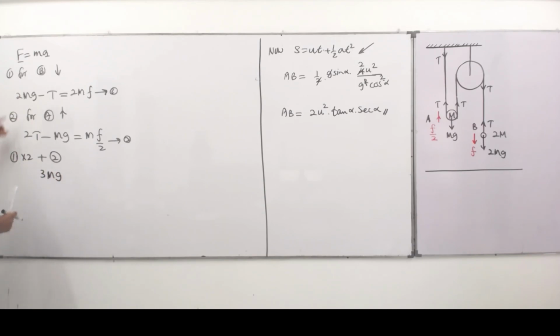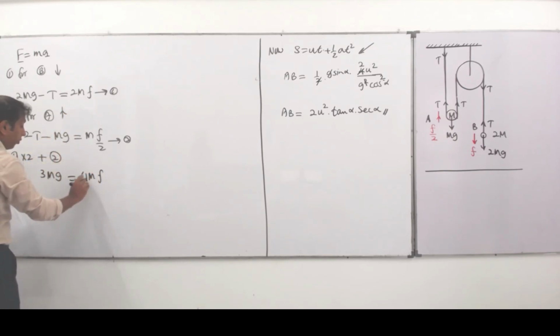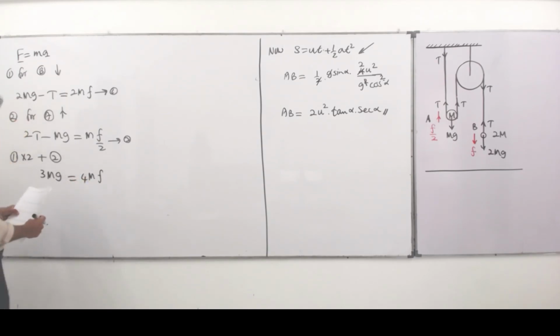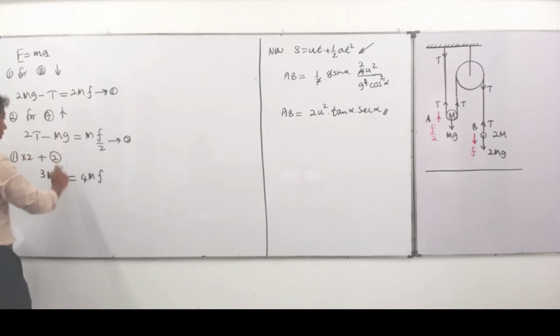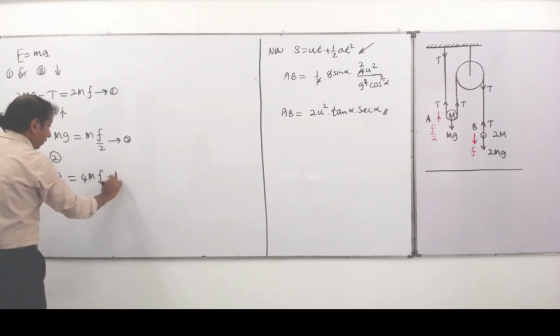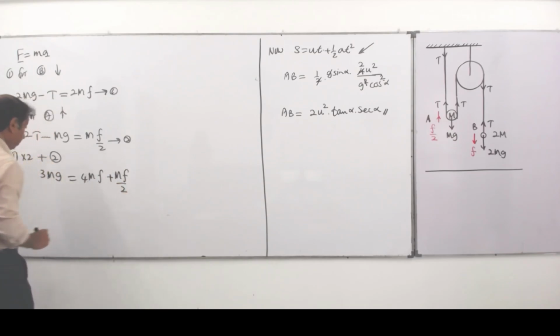First one we multiply by 2. 4mg minus mg, 3mg. Right. Here 4mf. Right. We multiply this by 2, no? 4mf and this mf by 2. Okay.